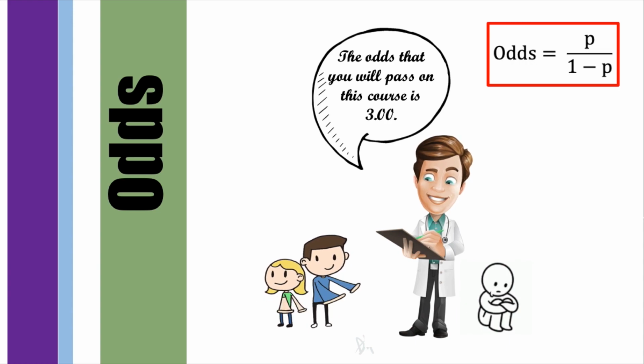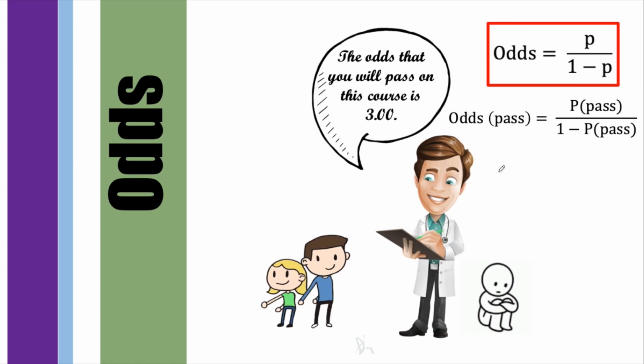So if your professor said that the odds that you will pass this course is 3.0, it may be represented by the odds of passing is equal to the probability of passing the course all over 1 minus the probability of passing the course. In other words, the probability of passing over the probability of failing.